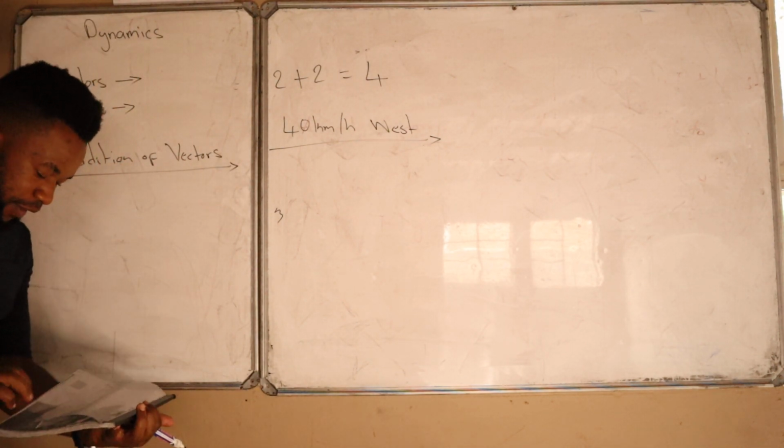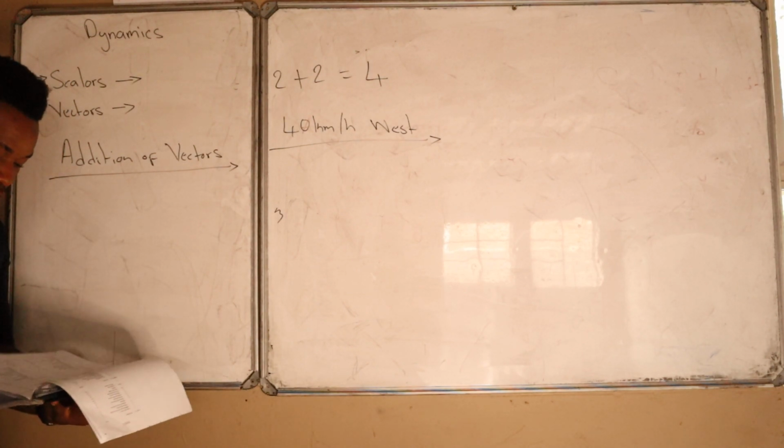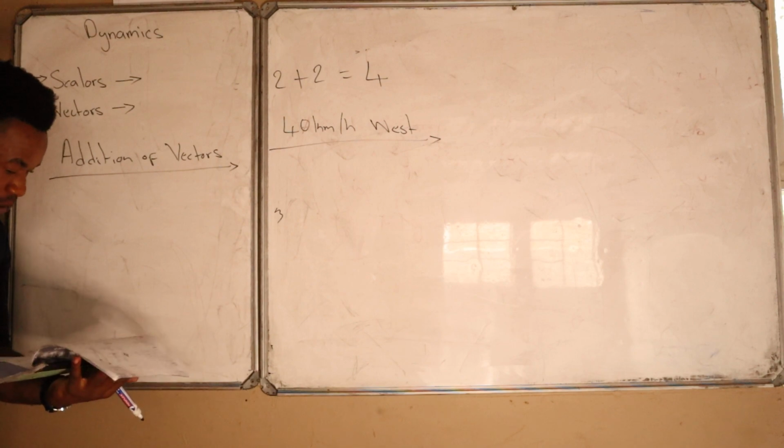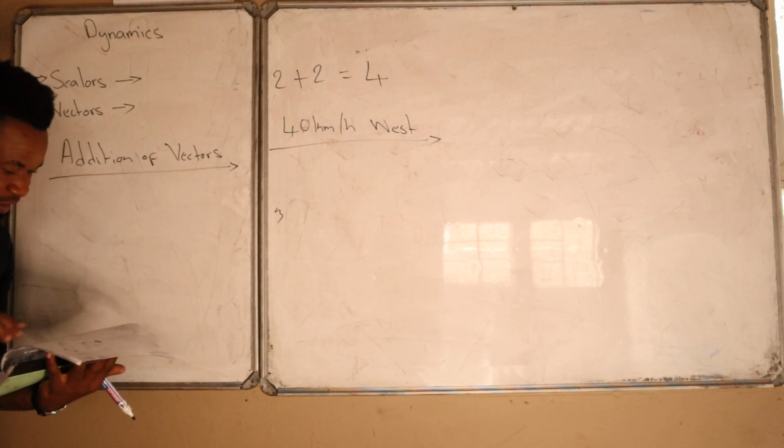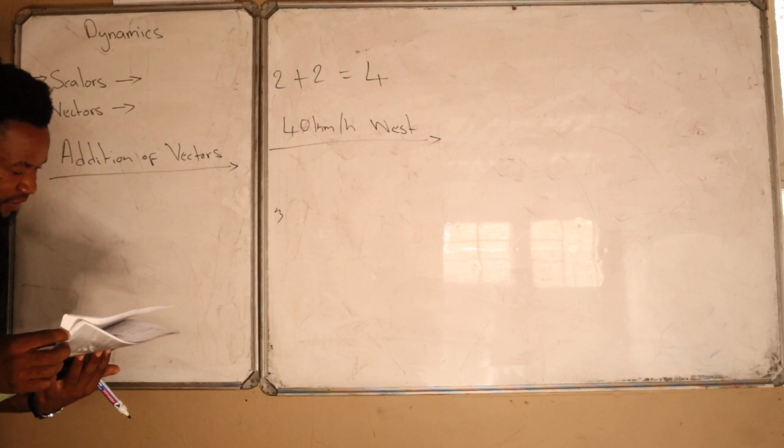Let me also just refer to the textbook. The textbook that we'll be using here is Oliver, and there are different textbooks that you can use depending on your school. So there's an example, example 2.